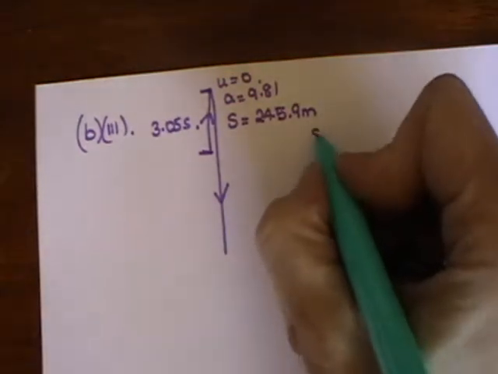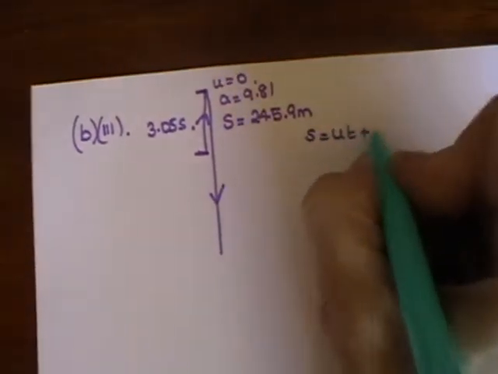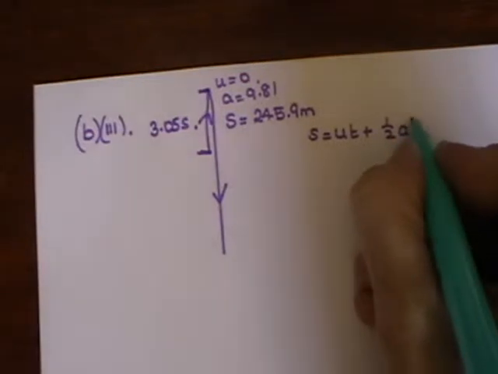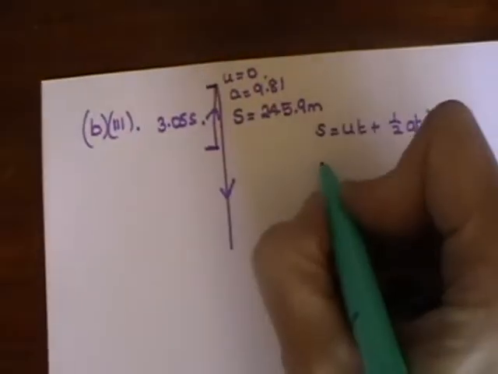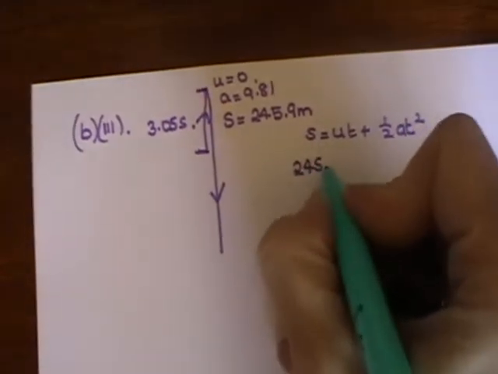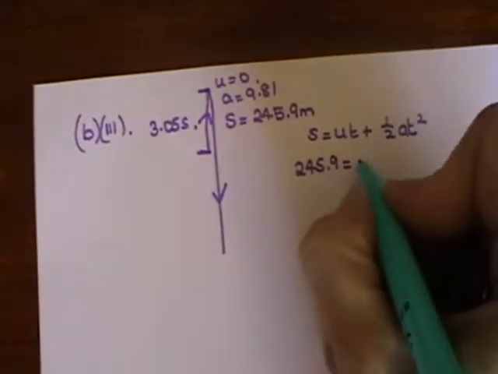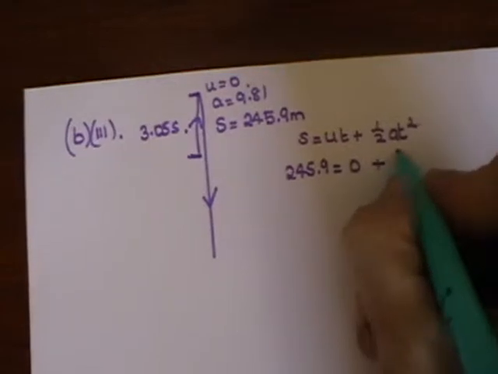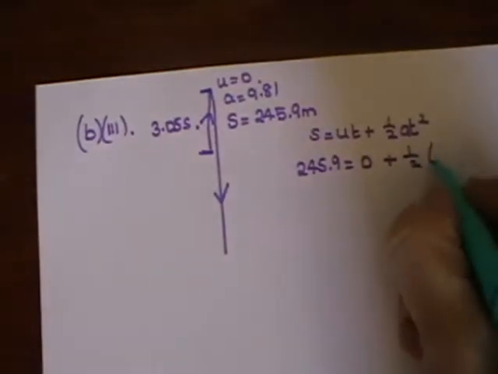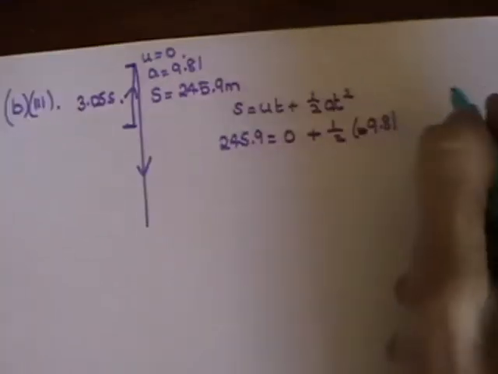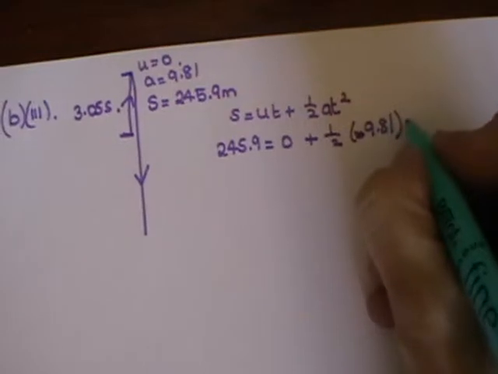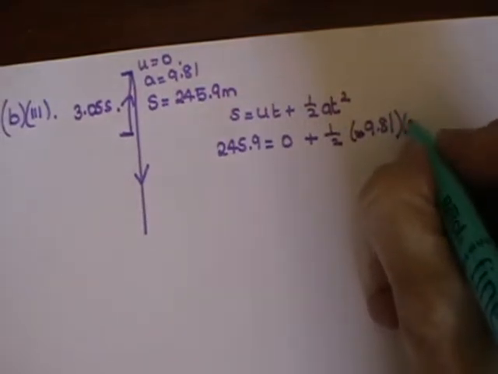So S equals UT plus a half AT squared. 245.9 is equal to, now U is 0, so that first bit is 0, plus a half times 9.81. Sorry, it's falling, so it's plus 9.81, times T squared, which we don't know.